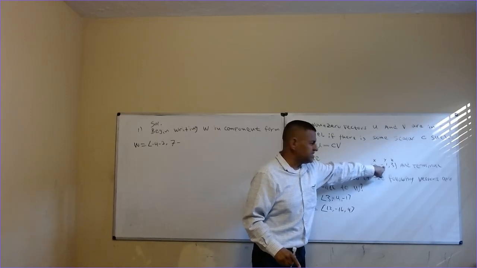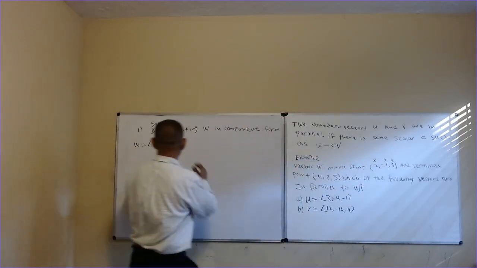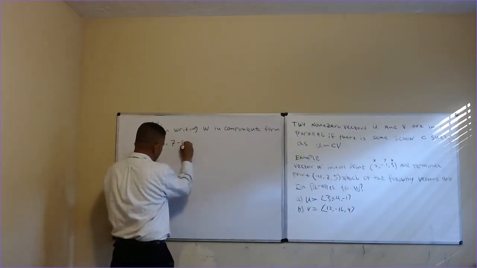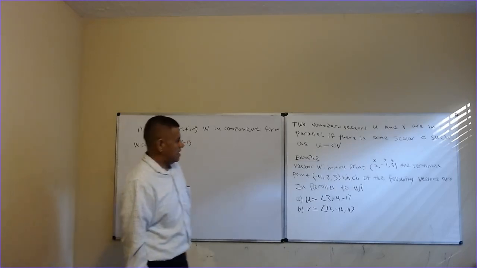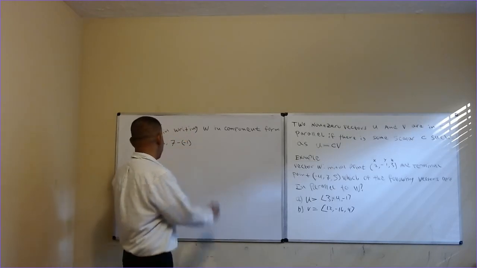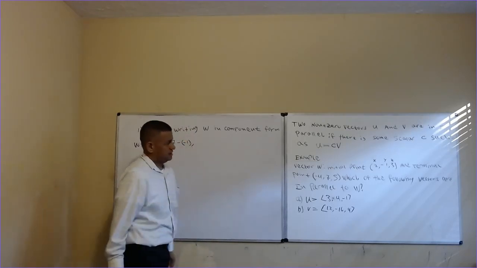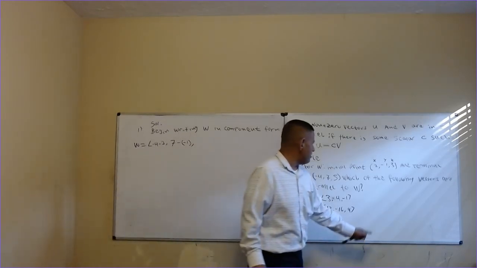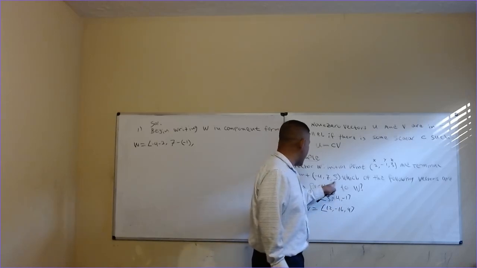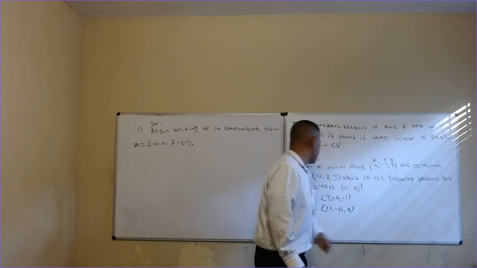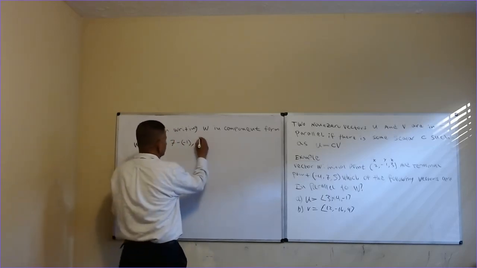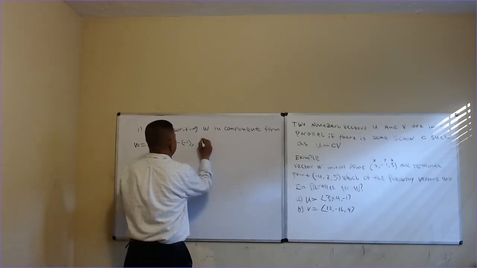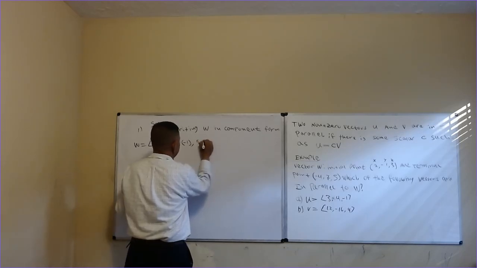So I need to take this into account. So I do minus 1, right? I got my Y now. I put another comma on it. Now I have 5 and 3, so I have 5 minus 3.